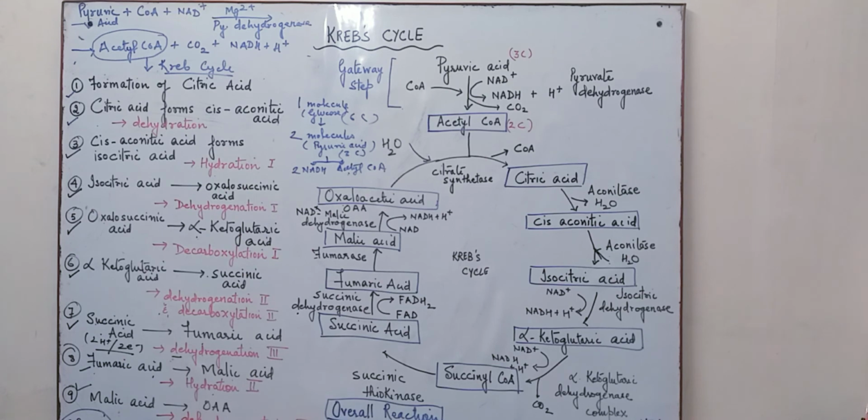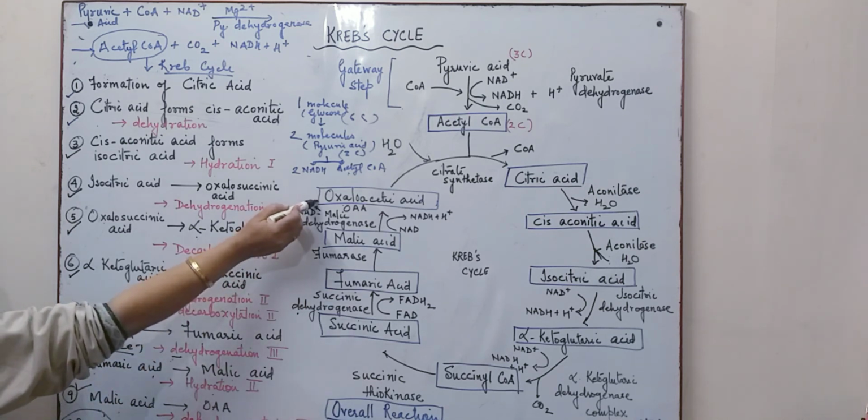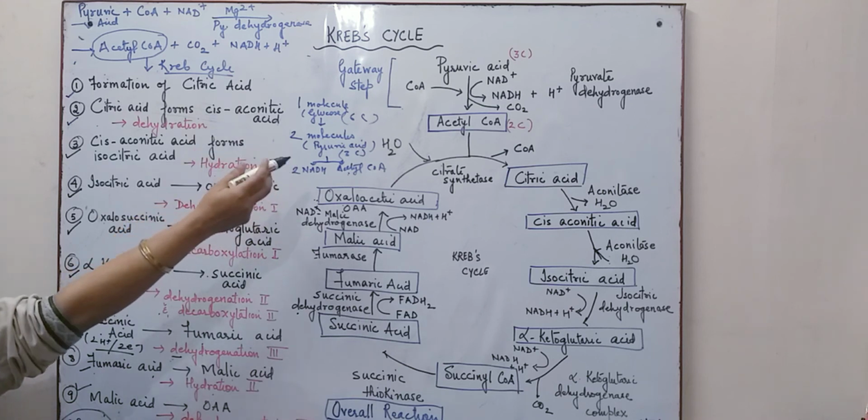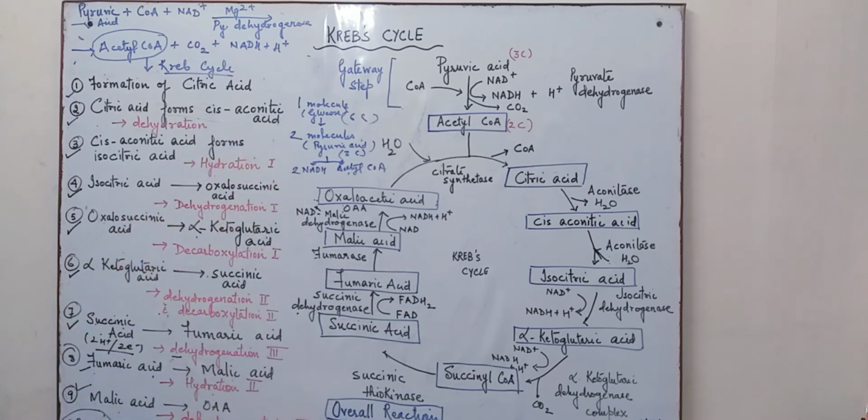Here the NAD plus is reduced, and the oxaloacetic acid is regenerated, which is again utilized by acetyl coenzyme A to form citric acid. In the complete oxidation of one molecule of pyruvic acid, 3 molecules of carbon dioxide are released.